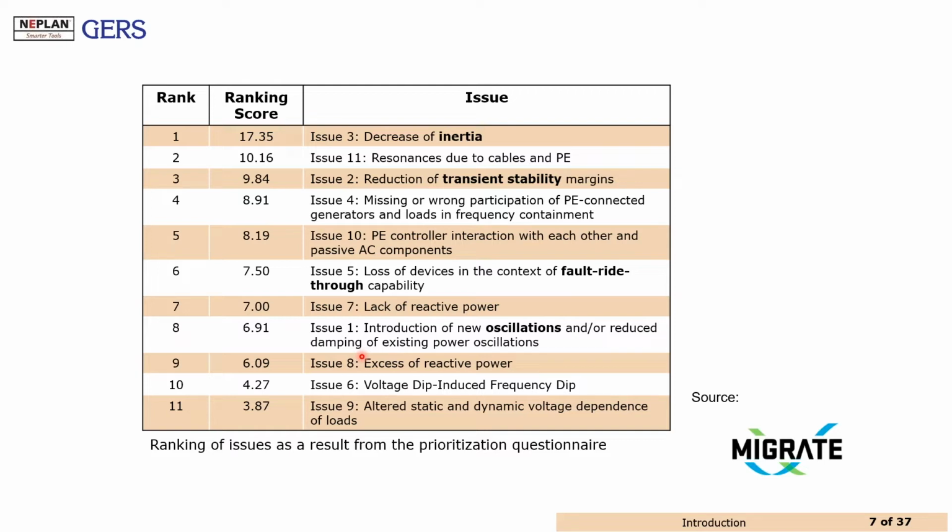This research was performed using some surveys for some TSOs, transmission system operators. Based on that, we are able to open the specifications on grid codes to consider different affectations of the high penetration of renewable energy sources.